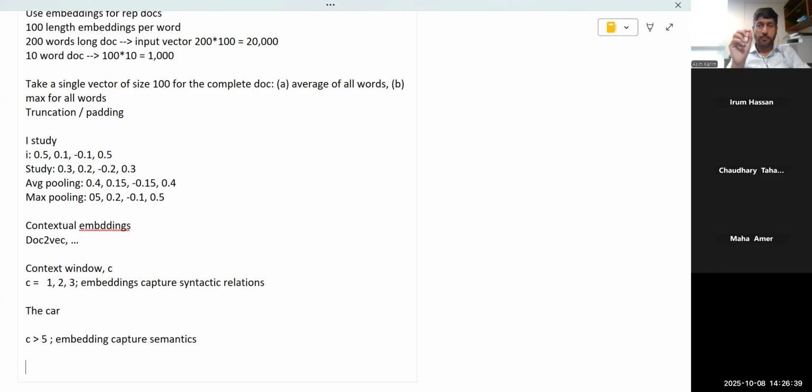Remember, these embeddings capture meaning of words as they're used in text. Okay? So in this way, you can find out many things. So for example, historical usage.